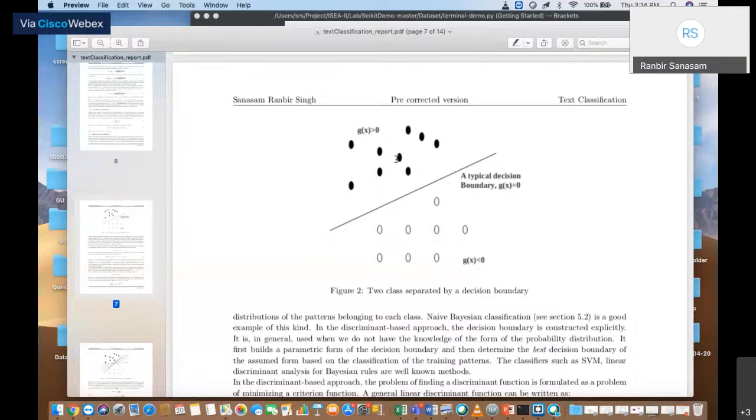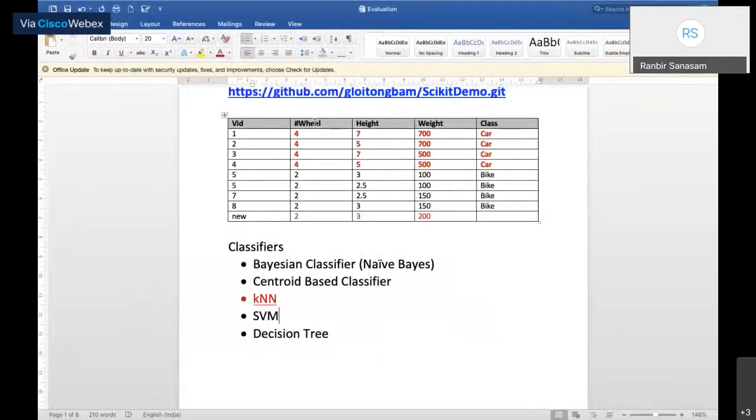So the concept of SVM is like this. Let us visualize all the data points in some space. Let us say I have a two-dimensional space. When I say two-dimensional space, I basically mean I'm using two features. Let us say I'm using wheels and height only, but I'm considering weights.